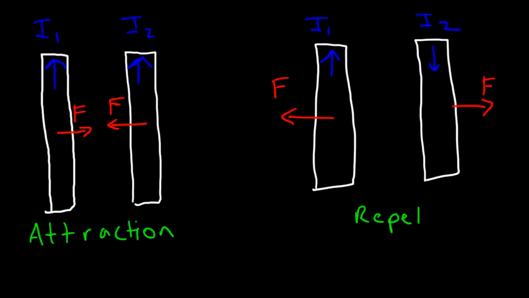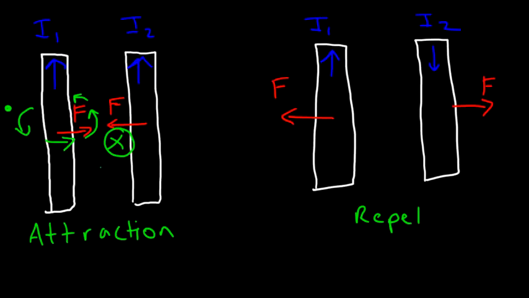If you use the first right-hand rule that we talked about earlier in the video, where you curl your hand around the wire and your thumb is in the direction of the current, the magnetic field created by wire 1 will be out of the page on the left side, but it's going to be into the page on the right side. So wire 2 is on the right side of wire 1. Therefore, wire 2 sees a magnetic field that's going into the page.